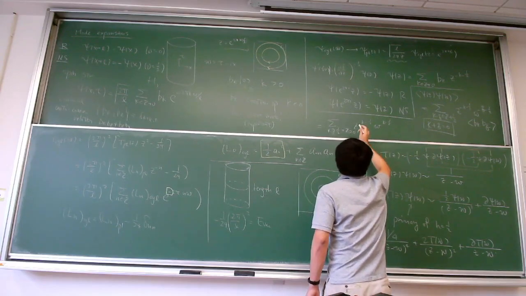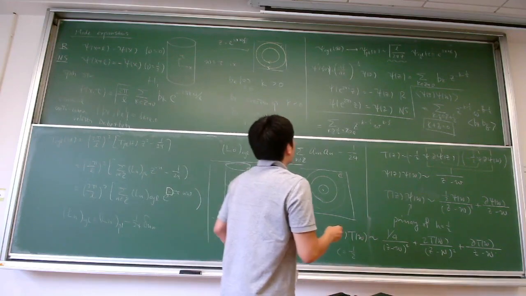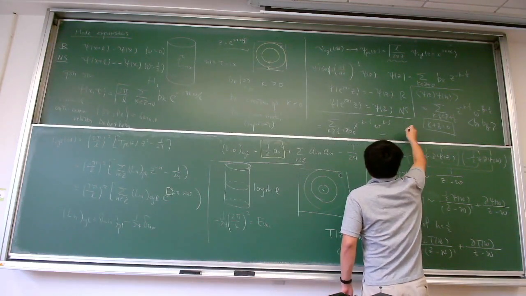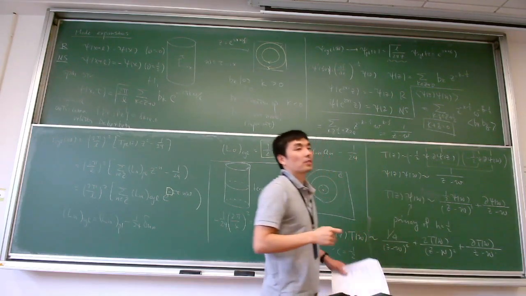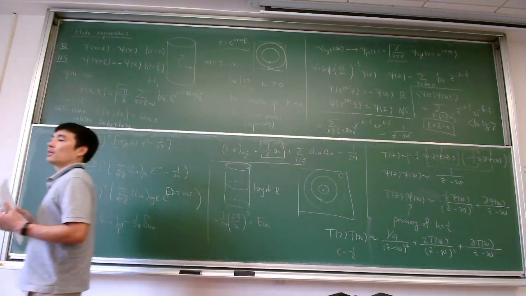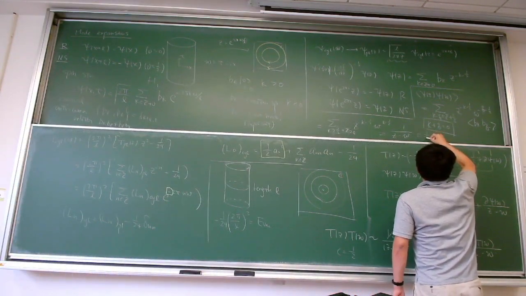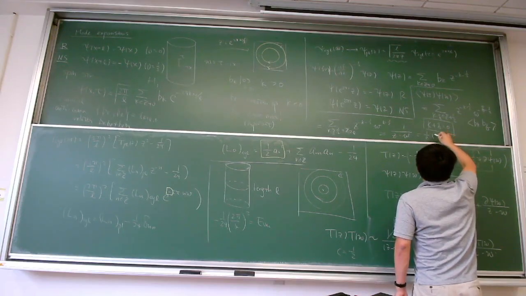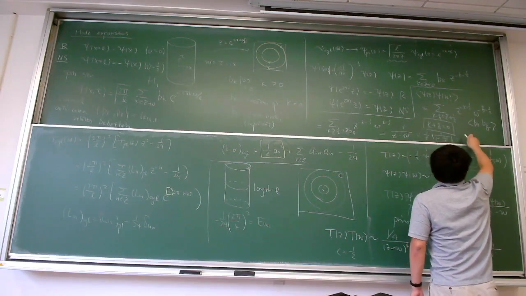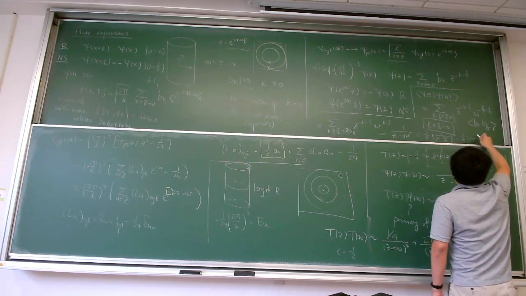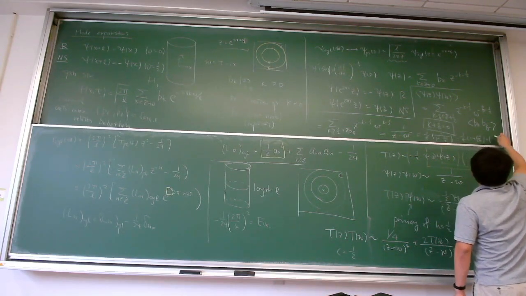You can easily compute this: it's a geometric series, which is 1 over z times 1 over 1 minus w over z, that is, 1 over z times 1 plus w over z plus squared and so on.